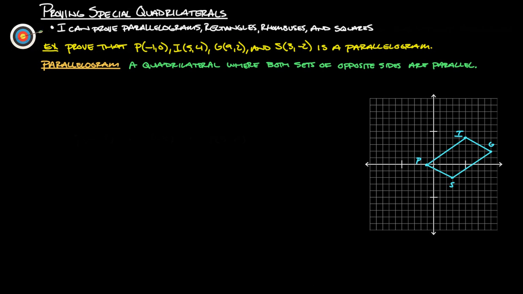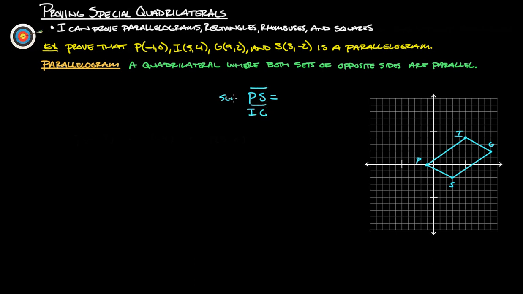So we just have to show that this side has the same slope as that, and this side's got the same slope as that. Probably the easiest way is to use our rise over run. I'm going to start with PS and IG. So let's do the slope of PS and the slope of IG.